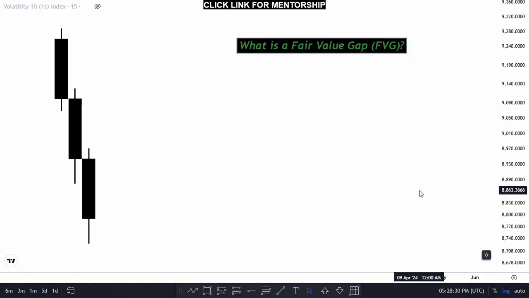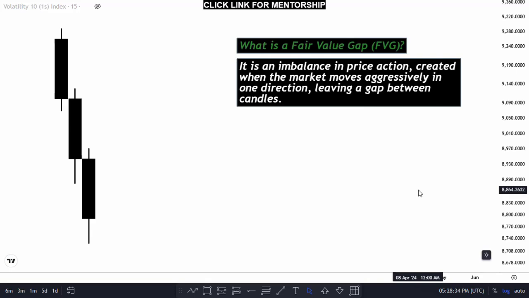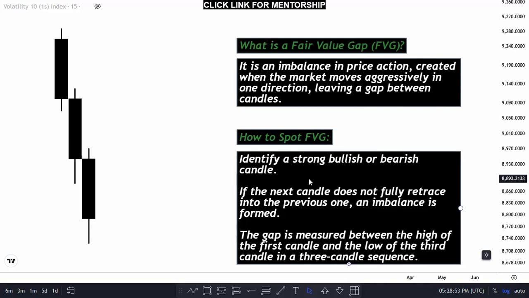So what is this fair value gap? A fair value gap is an imbalance in price action created when the market moves aggressively in one direction, leaving a gap between candles. Okay, so it's not a complicated thing for you to spot. It's very, very easy. So how do you spot these fair value gaps?